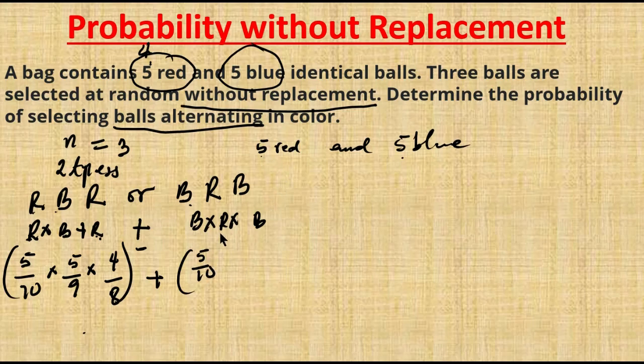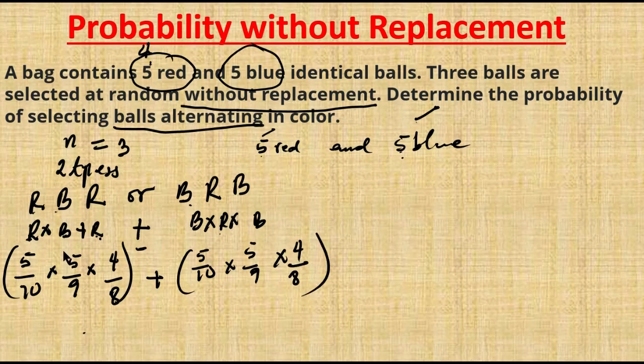The probability of having a red ball now will be times 5 over 9. And the probability of having my last ball now to be blue again will be 4 over 8. Remember, I have taken out 1 blue ball initially, so I'm left with 4 blue balls. I've taken out 1 red ball, I'm left with 4 red balls. That's 8 in total. That will be 4 over 8.